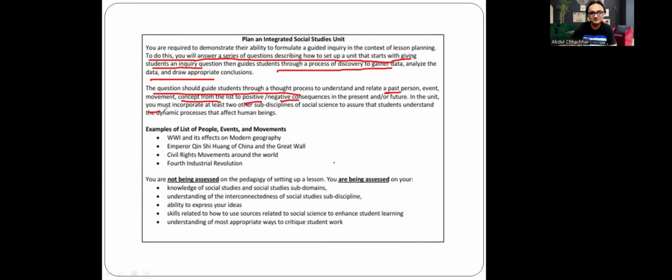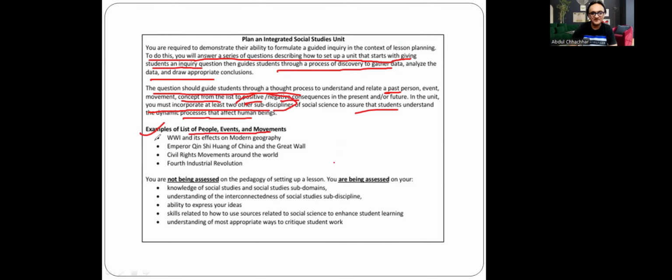In this unit, you must incorporate at least two other subdisciplines. If you are designing history, incorporate geography and economics, two subdisciplines. Assure that the students understand the dynamic process, the changes throughout, whatever the topic is. Example, a list of people, events, and movements.